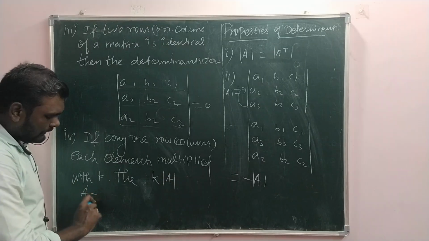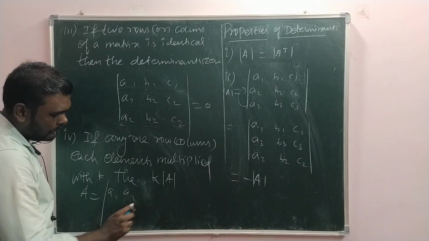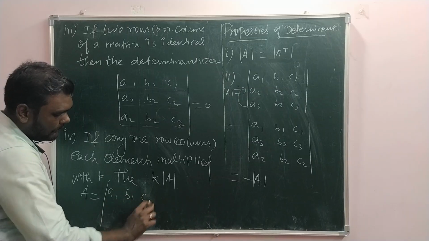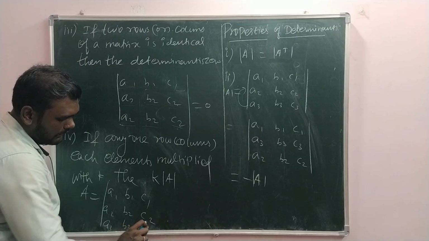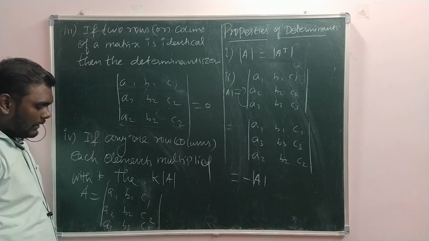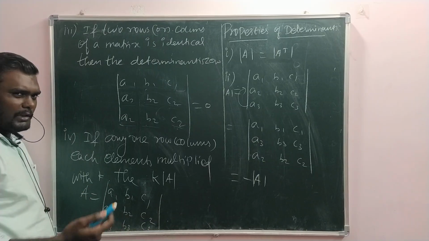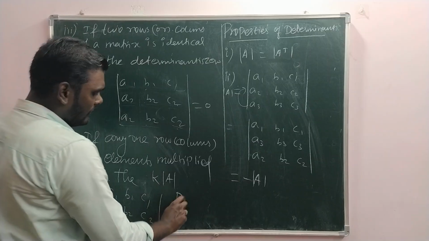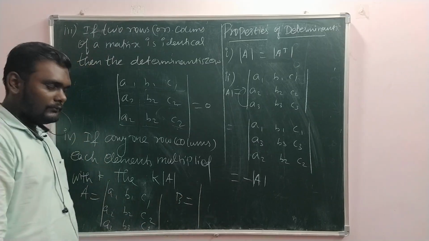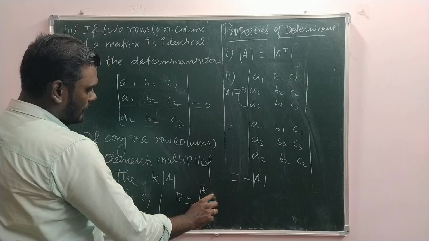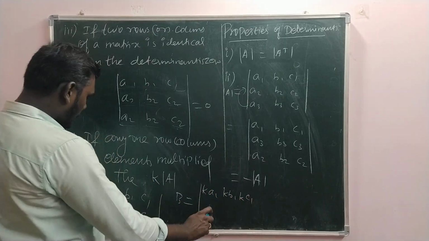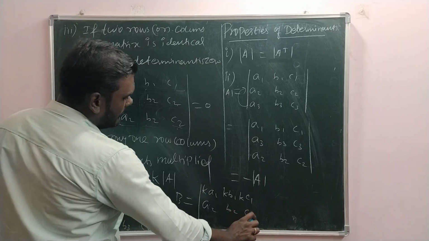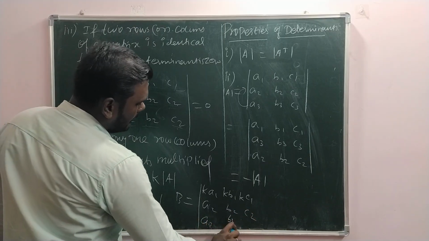Like if you take the matrix A as the same one, A1, B1, C1, A2, B2, C2, A3, B3, C3, and I multiply the first column or second column, any one column or one row, then we get another matrix: k into A1, k into B1, k into C1, then A2, B2, C2, A3, B3, C3.